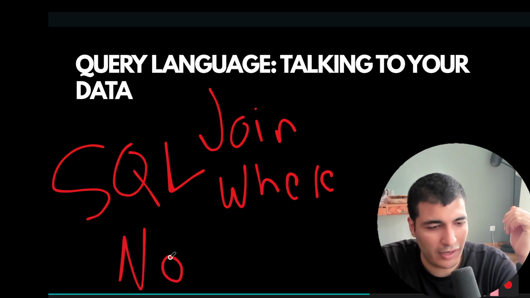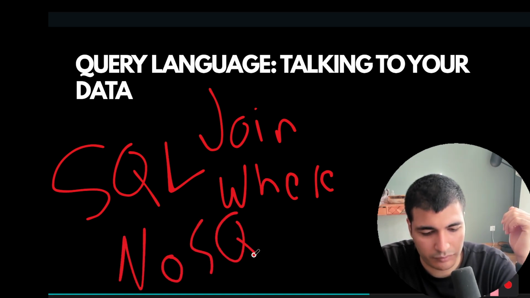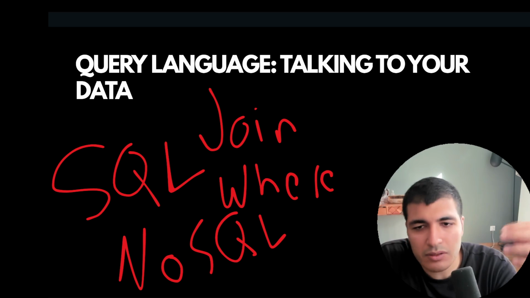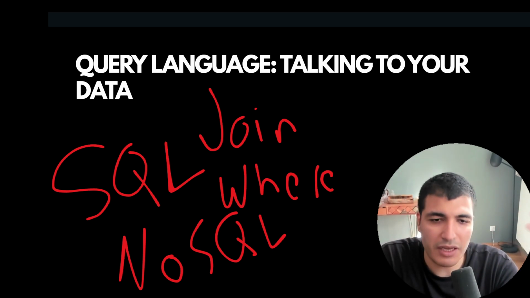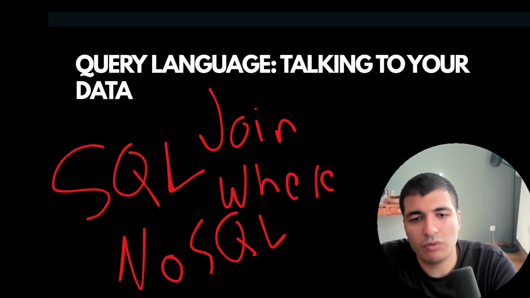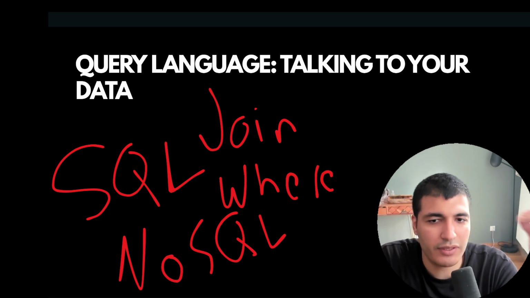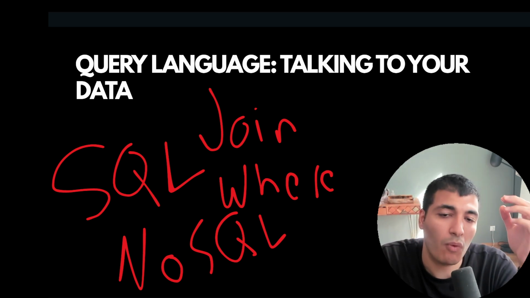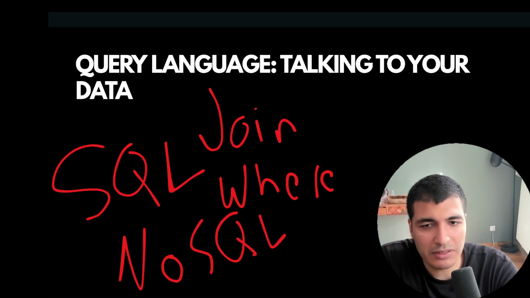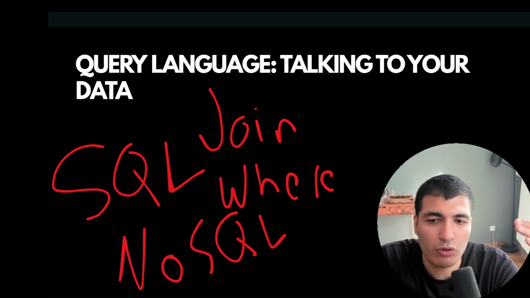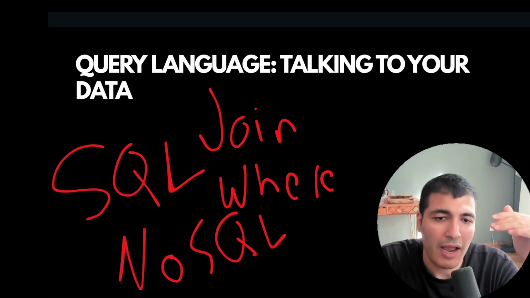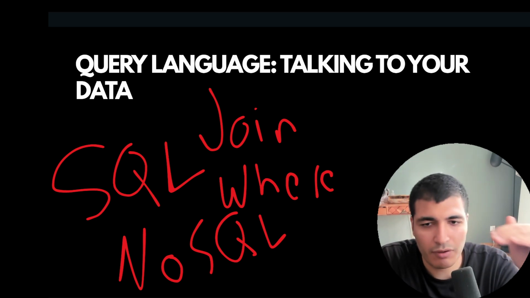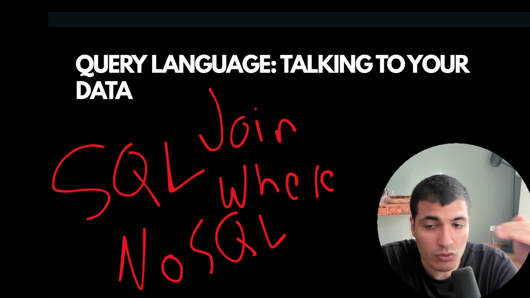NoSQL, on the other hand. In the NoSQL world, there isn't a single standardized query language. Basically, each NoSQL database often has its own unique query syntax or API, tailored to its specific data model. While this can offer more flexibility and potentially be more intuitive for certain data models, it also means there is a steeper learning curve if you work with multiple NoSQL databases.